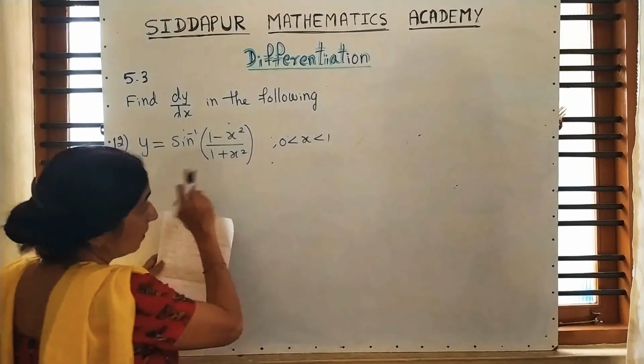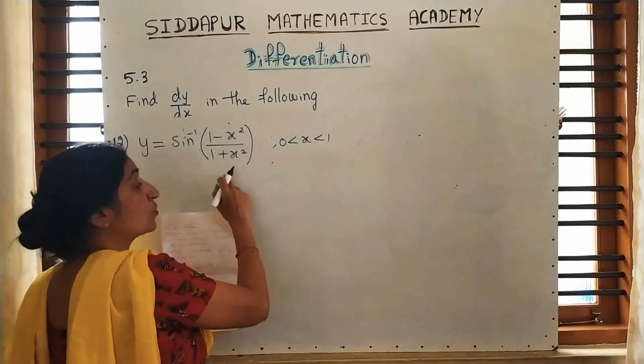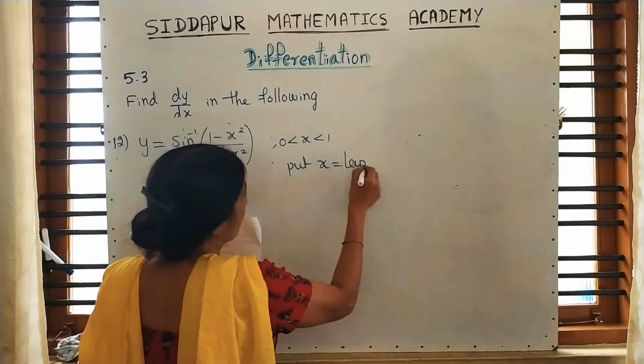Question number 12. Y is equal to sin inverse of (1 minus x square) upon (1 plus x square). And as we know that this bracket is nothing but, we have to write x is equal to tan theta, and this will be cos 2 theta. Just in the previous example we did this.